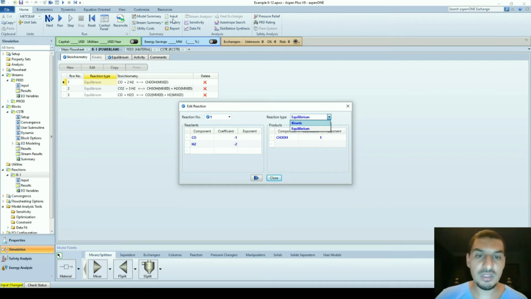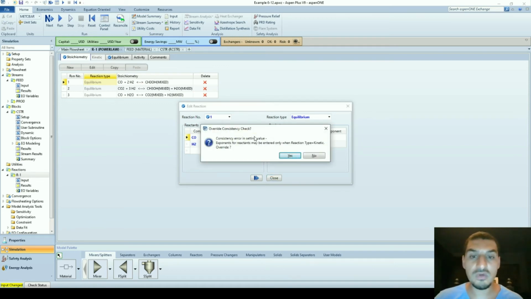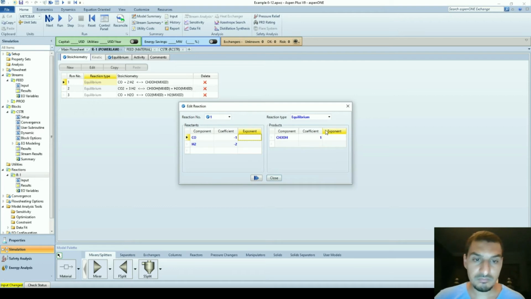choose. But in this case, we will go for equilibrium reaction, and if you go for the equilibrium reaction, you cannot put any exponents, because the exponents are used for the reaction kinetic equation, but we do not have any exponents here because we are not doing any reaction kinetics.